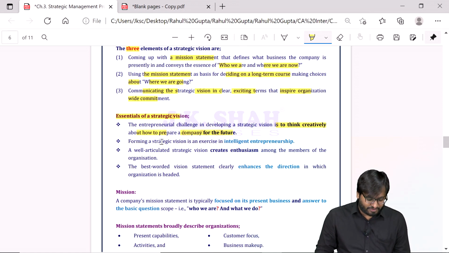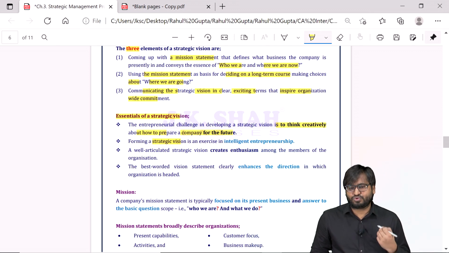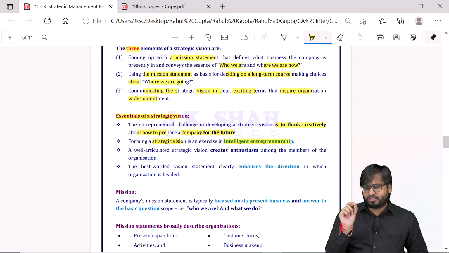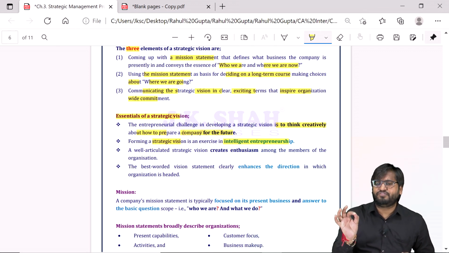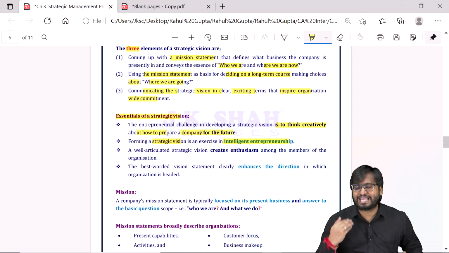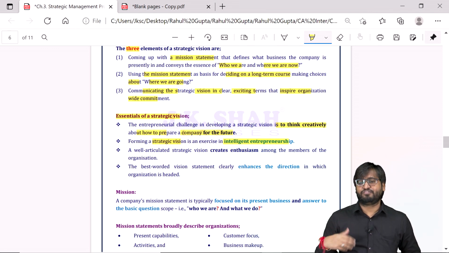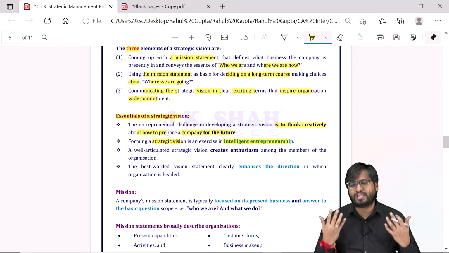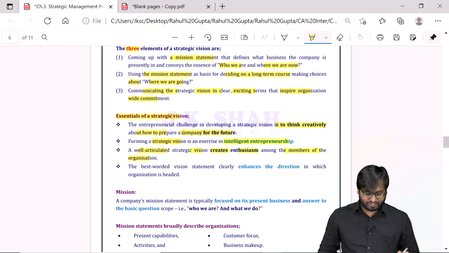So if you are forming a vision, you'll have to think creatively and you'll have to exercise something called intelligent entrepreneurship. If you have done this, a well articulated vision will create enthusiasm, inspiration, and motivation for the workers so that they perform well.